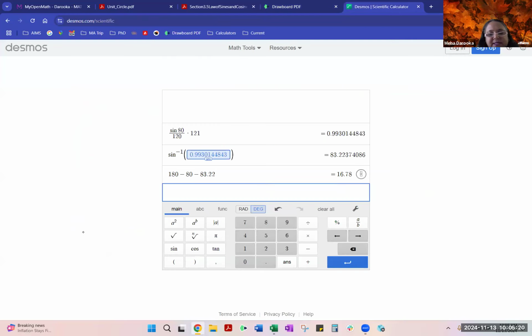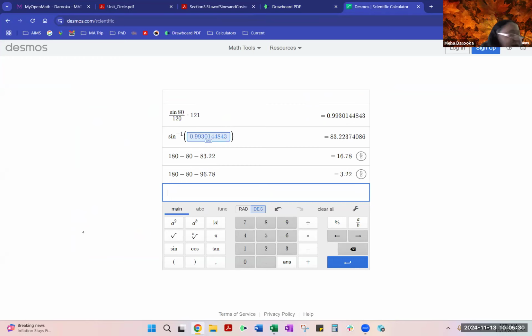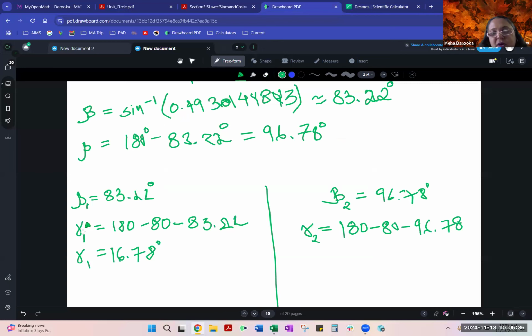So let's see, 180 minus 80 minus 96.78, and you will see this is coming out to be a very small angle, but technically it is still a positive value, right? So 3.22 for gamma 2 here. As you will see, we are obviously leaning towards two solutions to this triangle.